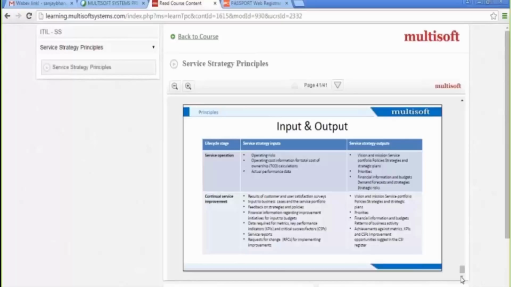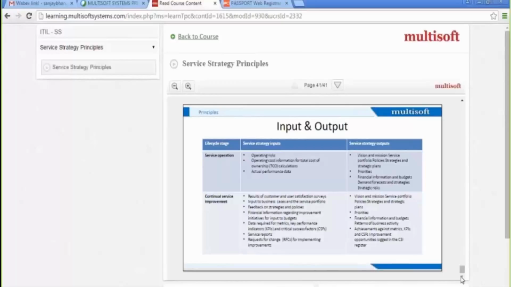Now for the CSI inputs we have the result of the customer and user satisfaction survey. These are inputs I need for CSI: inputs to the business case and the service portfolio, feedback on strategies and policies, financial information, service reports, and RFC, request for change.